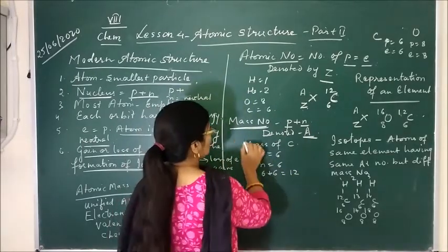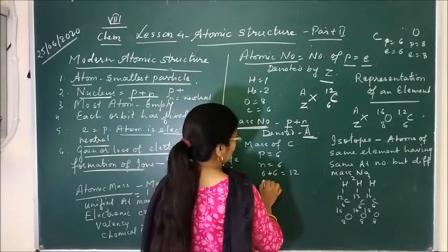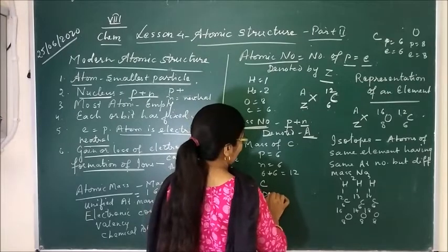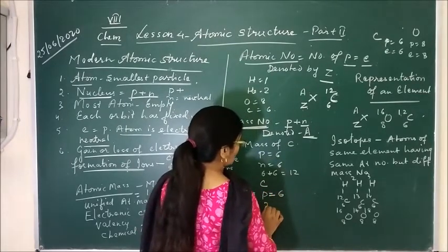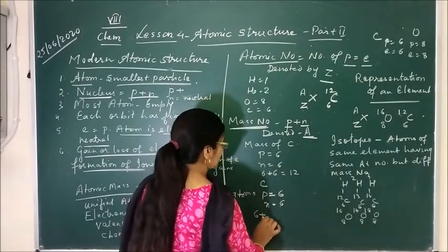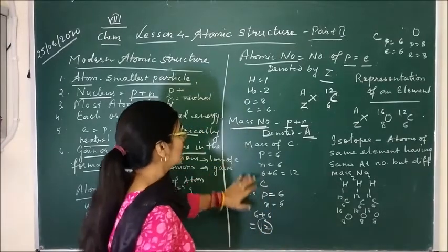And suppose, how can we determine the mass number of any element? Suppose we want to determine the mass number of the carbon atom. Here we know that the carbon atom has 6 protons and 6 neutrons. So the sum total of both, 6 plus 6, is equal to 12. So 12 will be the mass number of the carbon atom.